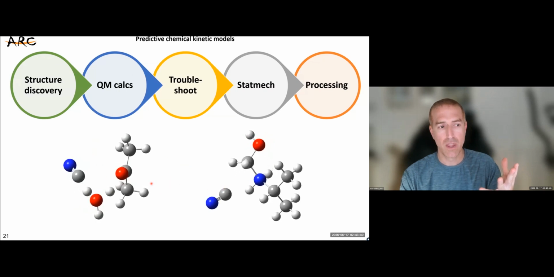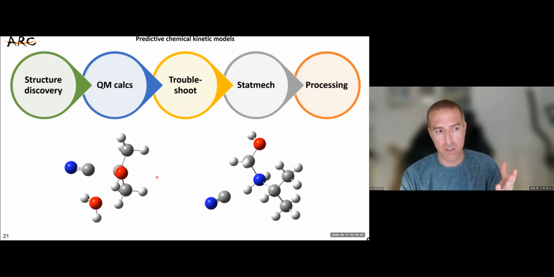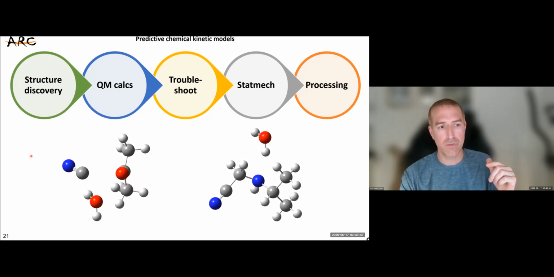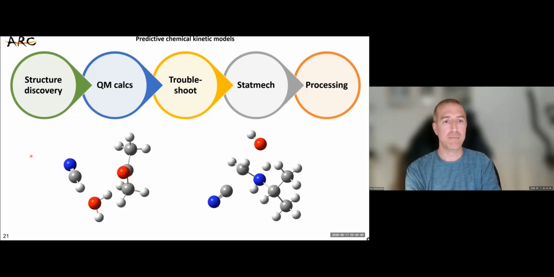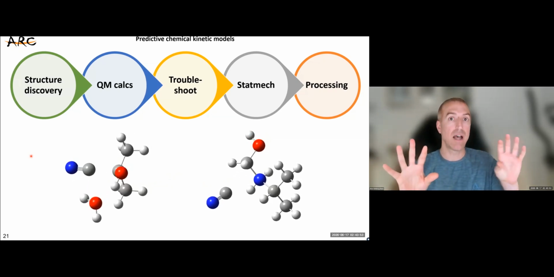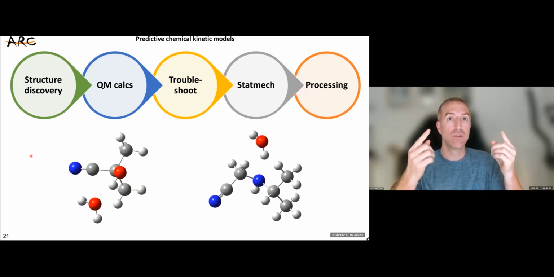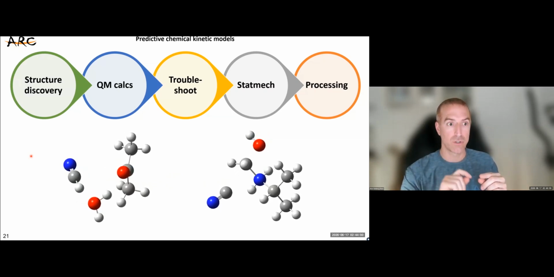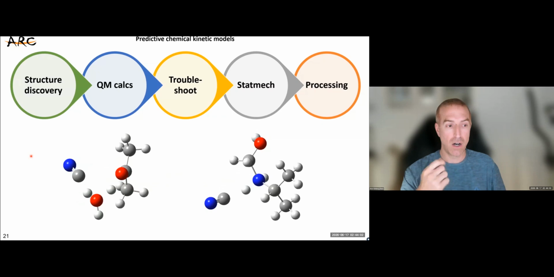As we can see here, these reaction paths were computed by guessing the transition state, and the ARC tool has methods implemented in it, literature methods plus in-house methods, to come up with a transition state. So TS search, transition state search. ARC will do that.